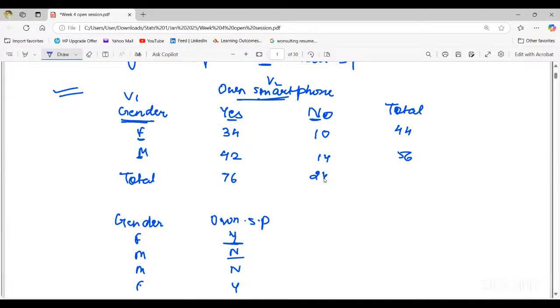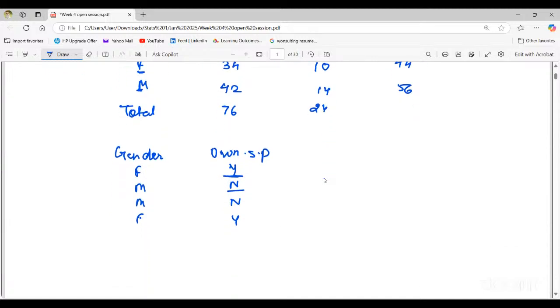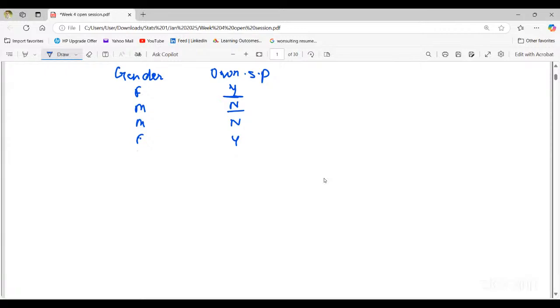So till here, is it clear to everyone? Yes, ma'am. These are categorical variables. So what are nominal variables?